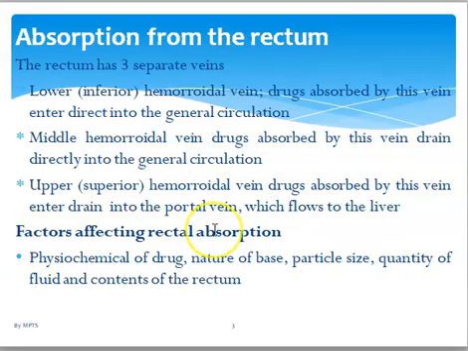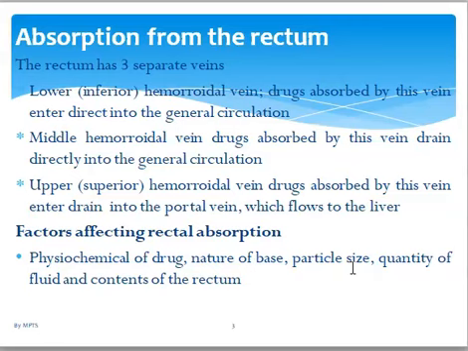Which factors can affect rectal absorption of the drug? We have physiochemical properties of the drug, nature of the base, particle size, because if the particle size is bigger, it can affect the drug absorption. We have the quantity of fluid. However, most suppositories can melt in low fluid content, because where they are inserted, the fluids are not so much, and of course the content is the rectum.